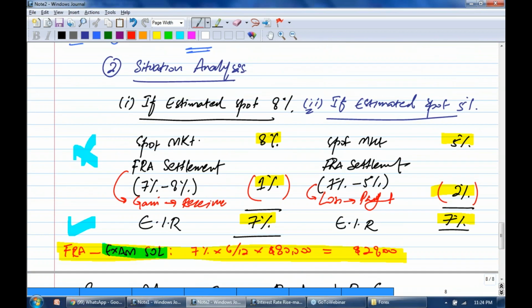In FRA, you are legally bound. In case of gain, you have to receive. But in the case of loss, you have to pay out. It's a legal binding contract.